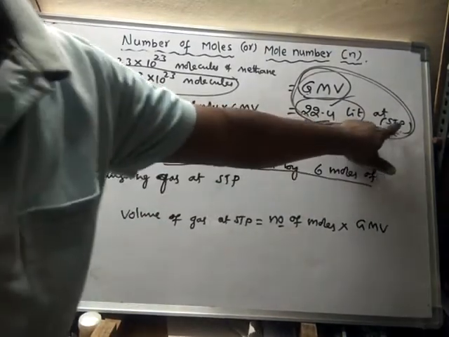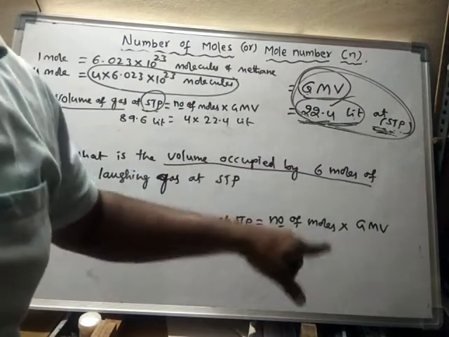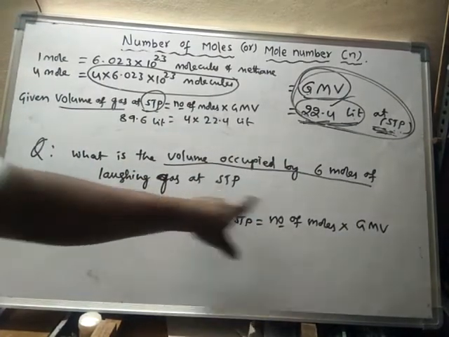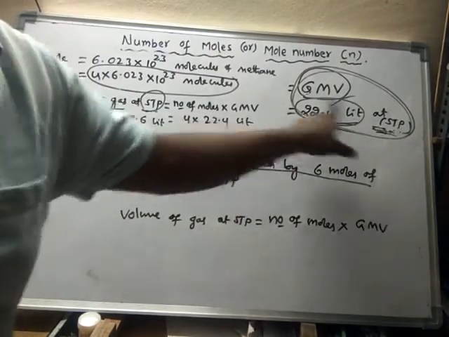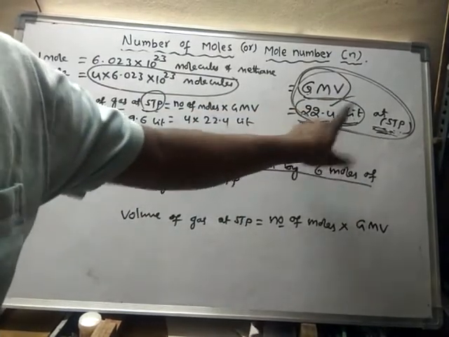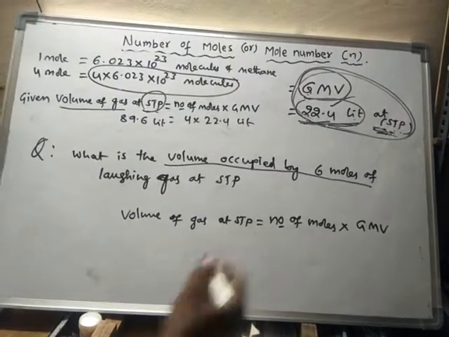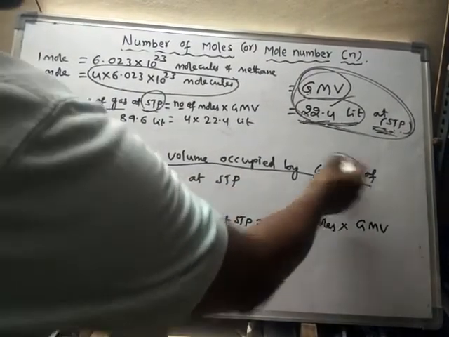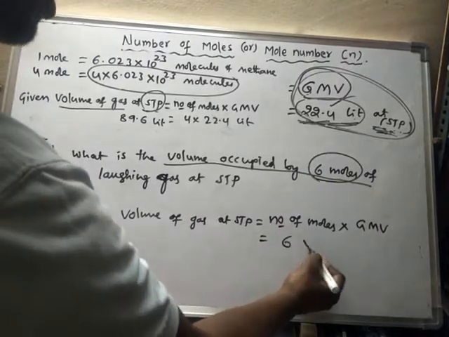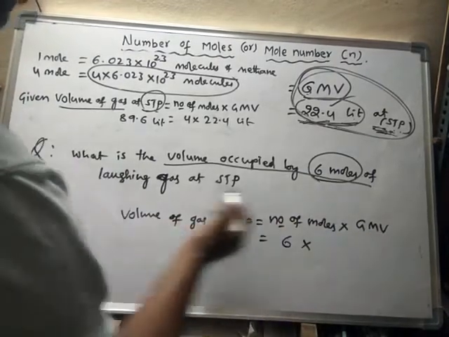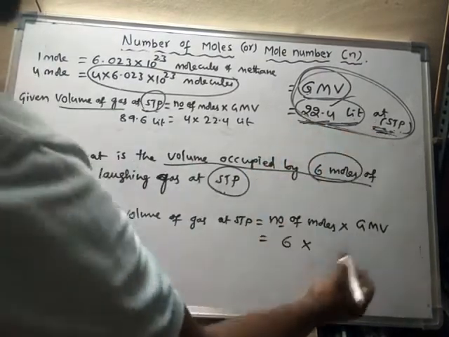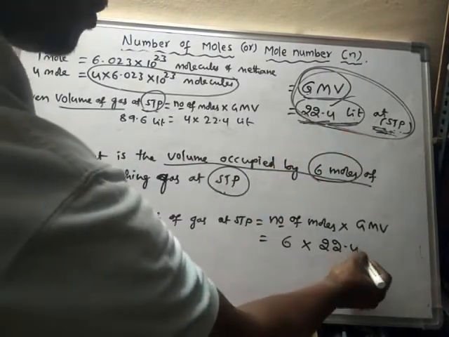When these conditions change, this value will change. Here in the question it is given as STP condition, so the gram molar volume will be 22.4 liters only. It is fixed. The number of moles is given as 6 moles.